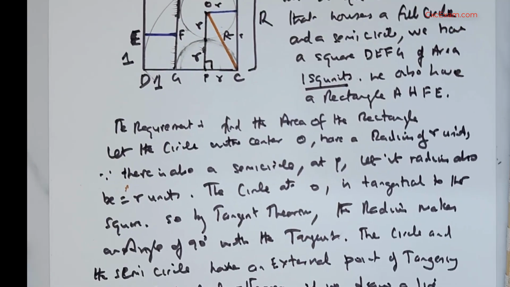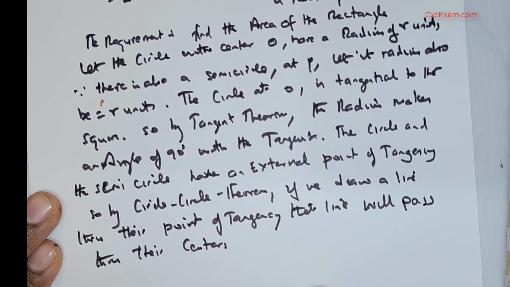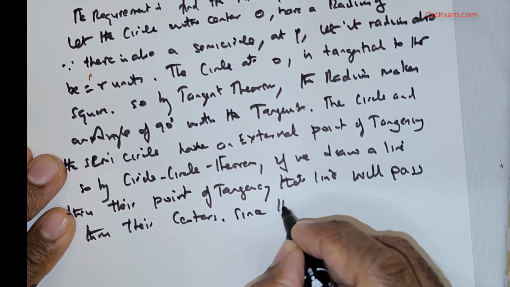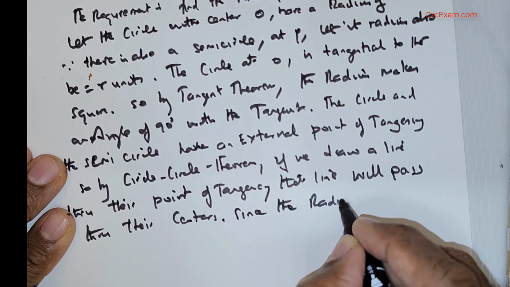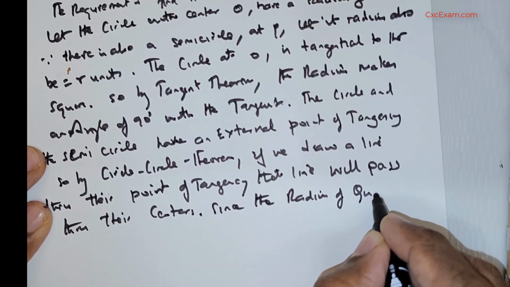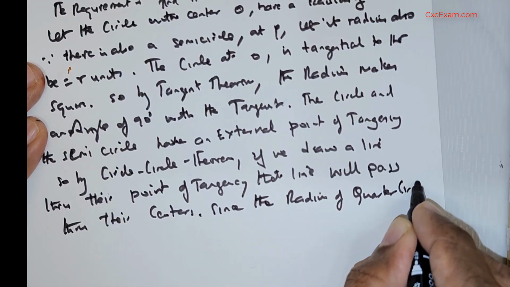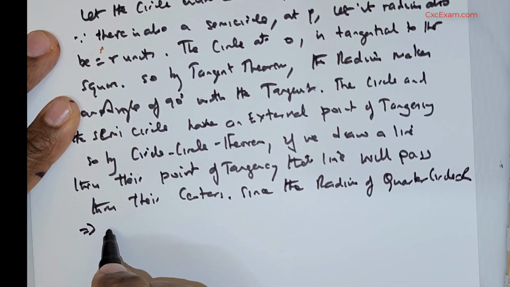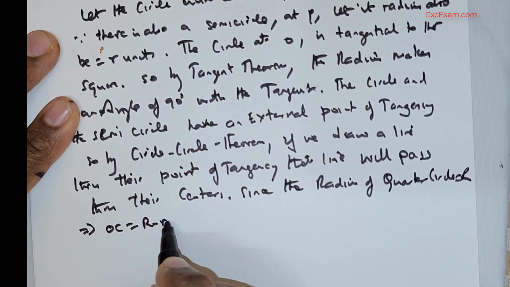So I have given the complete justification. Since the radii of quarter circle is equal to capital R, this means OC is capital R minus r.